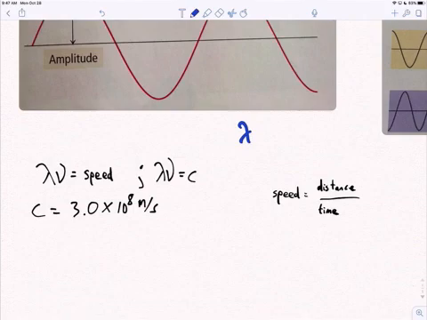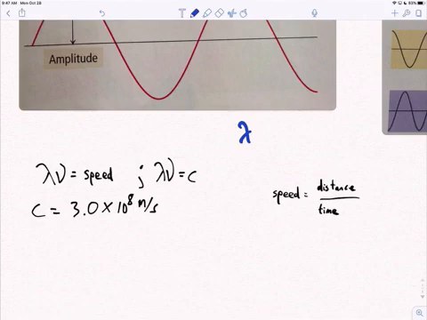So speed of light, not surprisingly, is very fast. It's very fast to us here on Earth. In the cosmic sense, speed of light is actually very slow. So for instance, it takes light a little over 8 minutes to reach the Earth from the surface of the sun. So we're a little over 8 light minutes away from the sun.